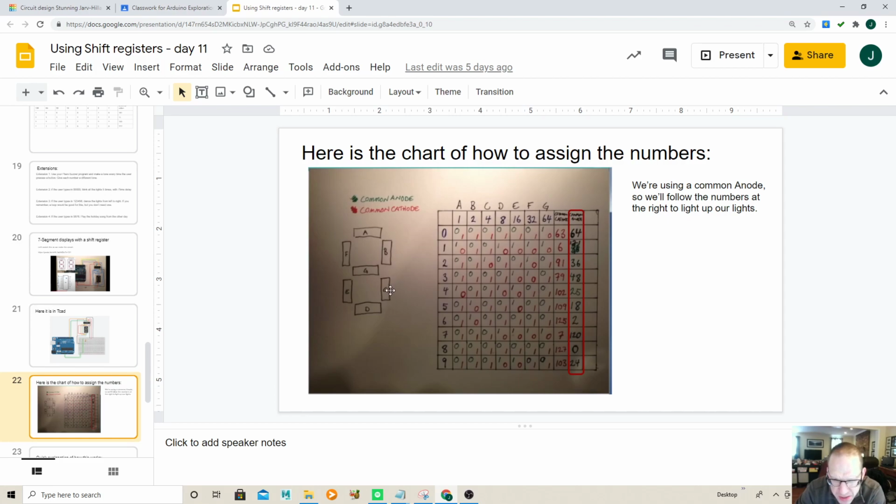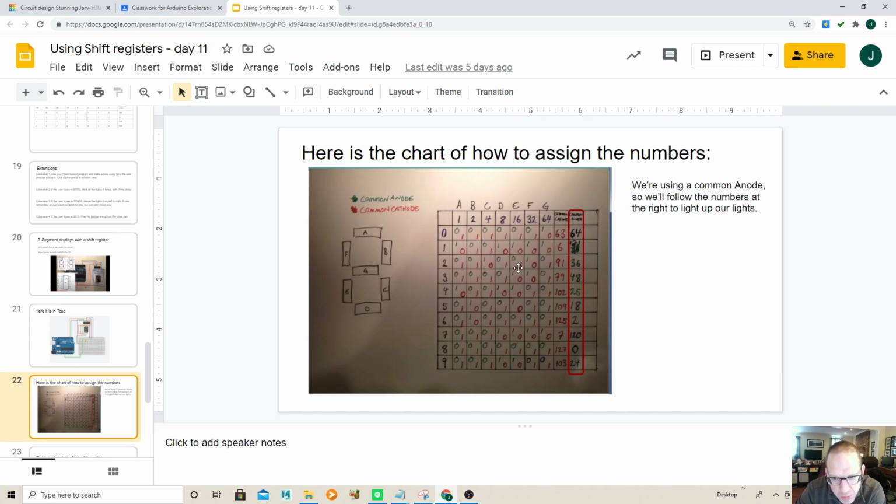C is 0, that's on. Everything else is off. Yep, that's right, so it'll just be these two. 2 would be 0 for A, 0 for B, 0 for G, 0 for E, and 0 for D.